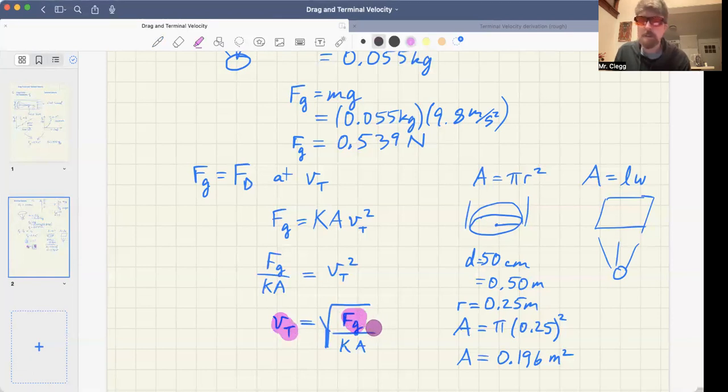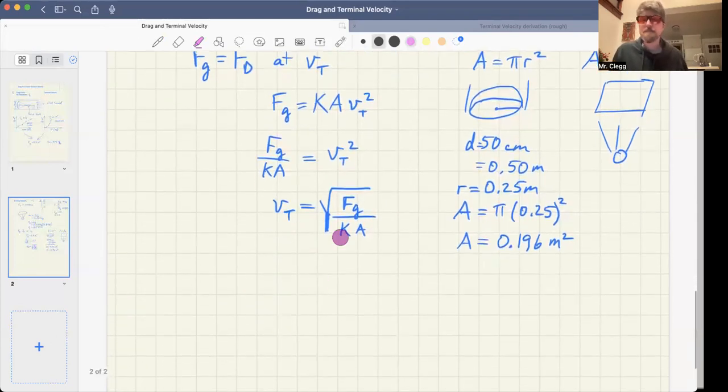And this is, I think, one of the reasons why people think that heavier things fall faster. They do fall faster when you have air resistance because your terminal velocity is faster for a heavier object. But if you have a bigger, wider object, that's in the denominator, so that makes your terminal velocity slower. So that's just kind of interesting stuff there.